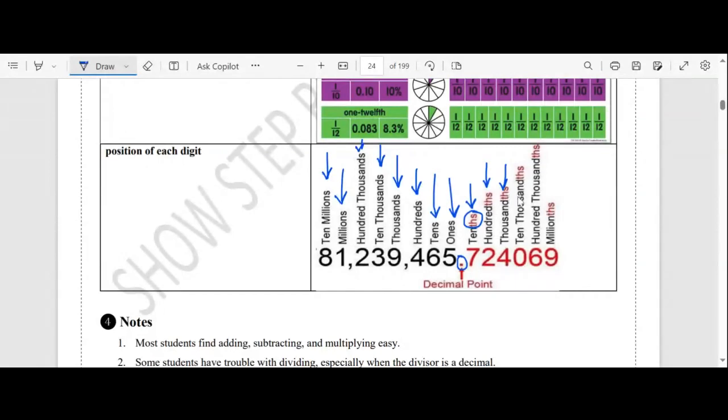Thousandth. 10,000th. 100,000th. Millionth. So that's how you find out the place or the position of each digit after the decimal point. Okay?